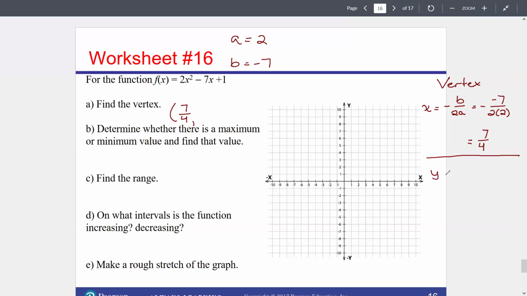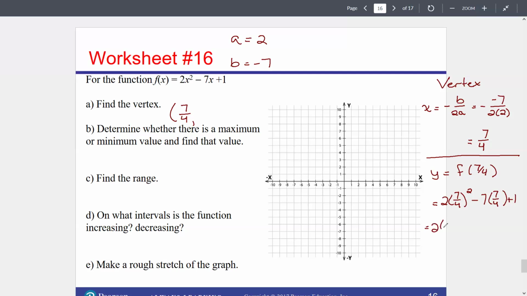Now we need to find that y-coordinate, which we know should be f of 7/4. So we're going to have 2 times 7/4 squared minus 7/4 plus 1.